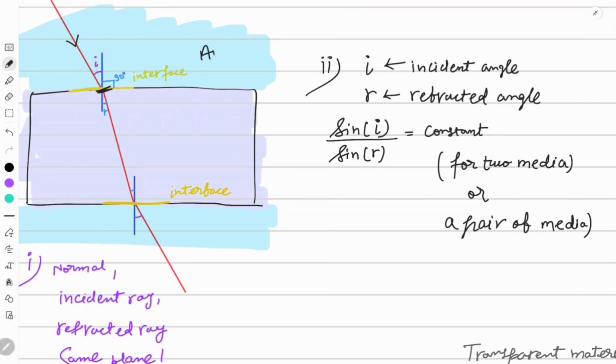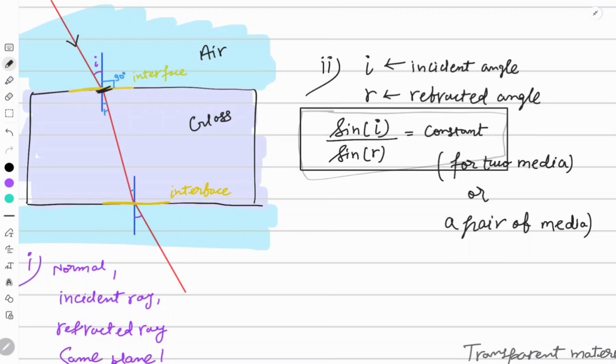So if it is air and glass, then the ratio of the sine of the incident angle and the sine of the refracted angle remains constant. It's a very, very helpful law for us.